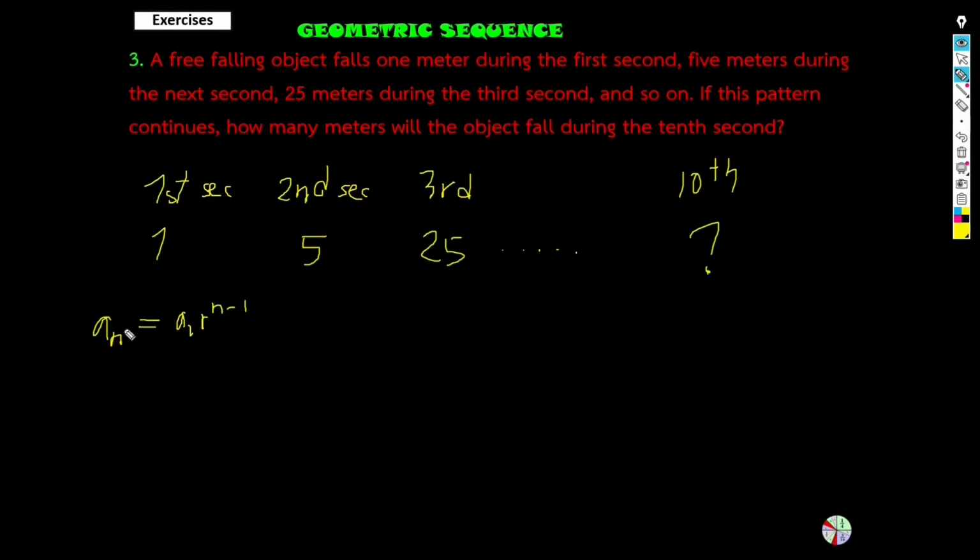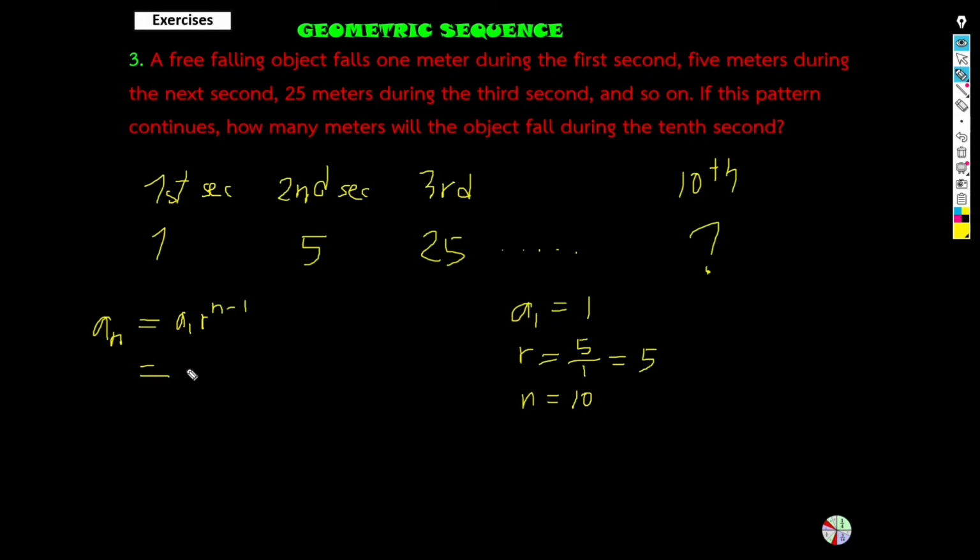Given that a sub 1 should be equal to 1, r must be a sub 2 over a sub 1, which is equal to 5, and then n is 10. Okay, so let's answer it.